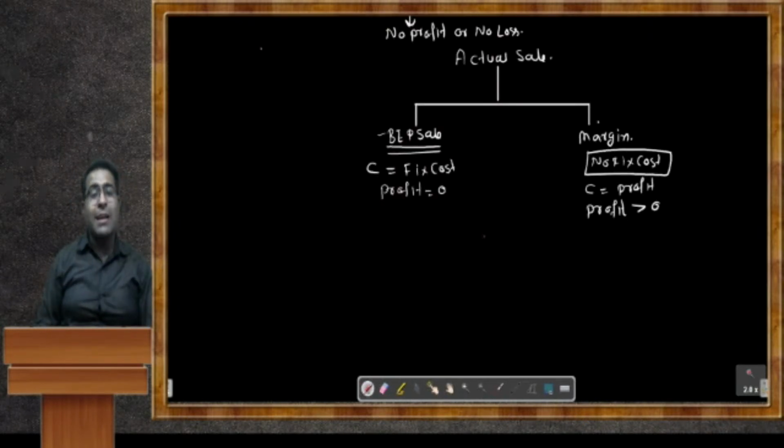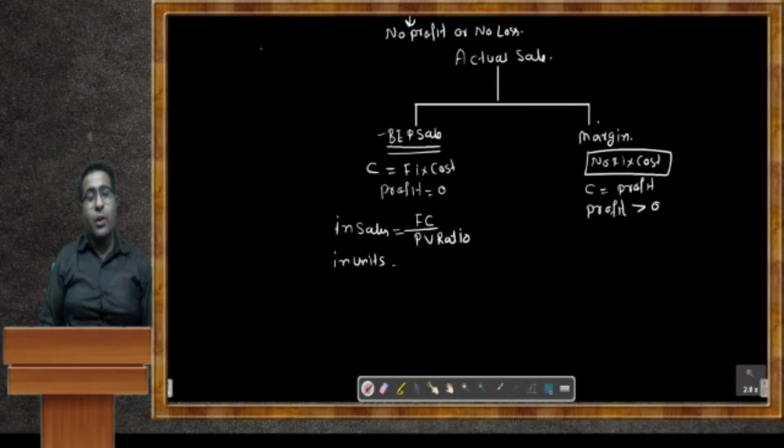How is the BEP calculated? It is calculated in terms of sales or in terms of units. For BEP sales, it is fixed cost divided by PV ratio, profit volume ratio.